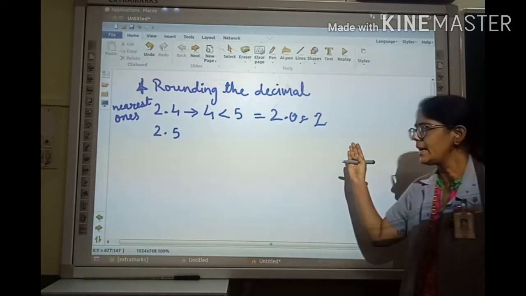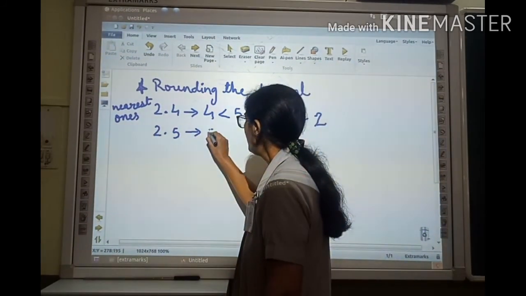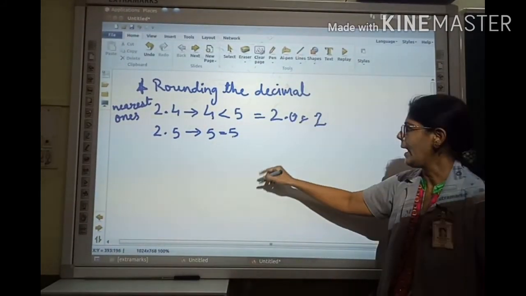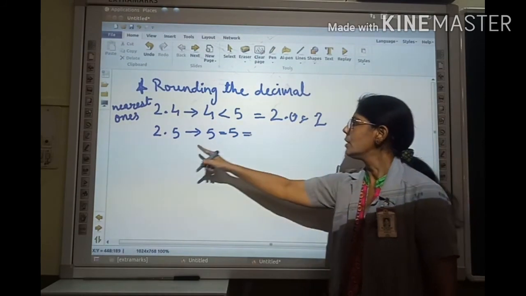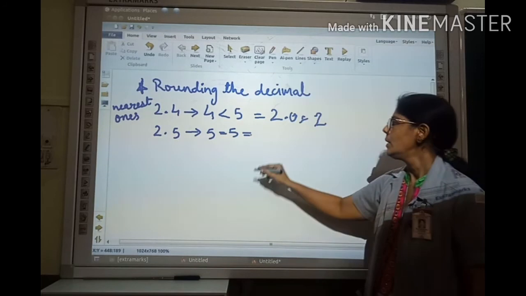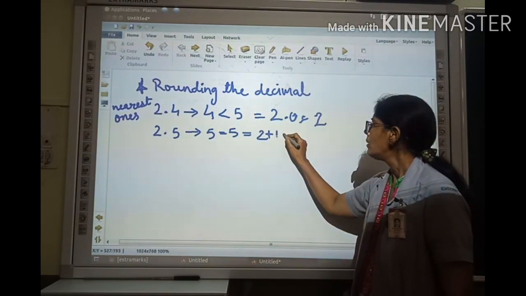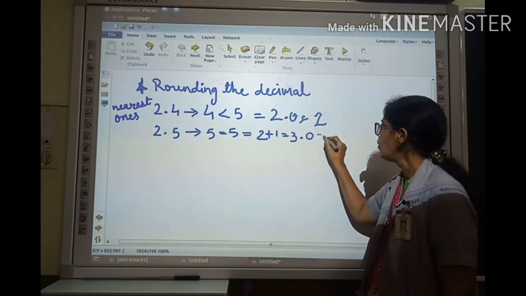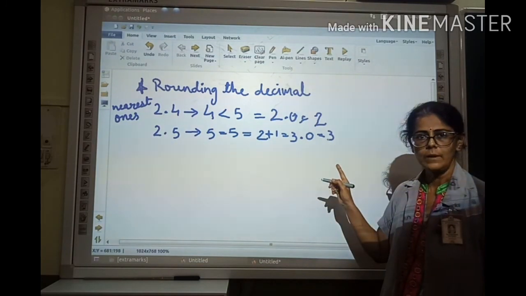Understand children? Now the digit is 5, which is the last digit, and 2 is the number before it, right? So 2 plus 1 is equal to 3.0. Means what is our answer? 3. Clear, children?